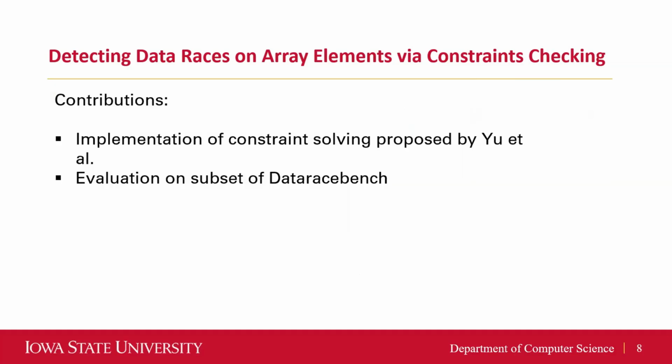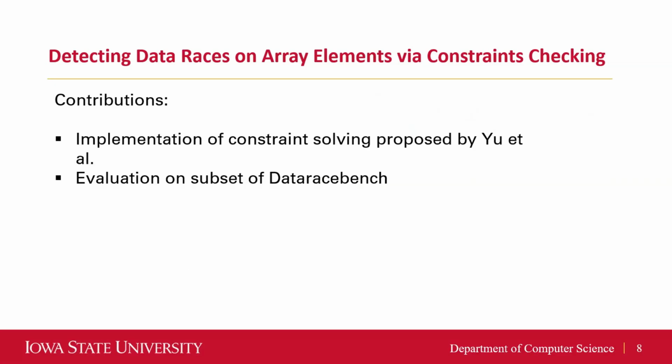So what we contribute in this work is that we provide an implementation for the constraint solving proposed by Yu et al. In their original work, although they explain it pretty well, they do not actually provide an implementation for it.